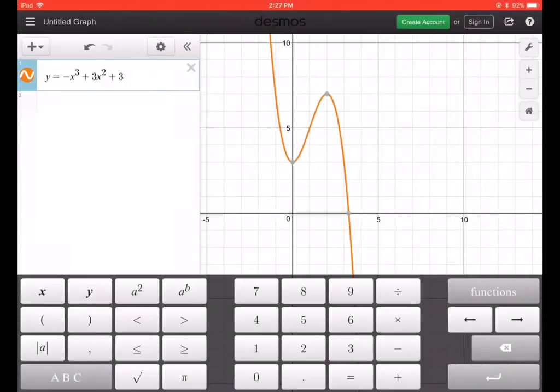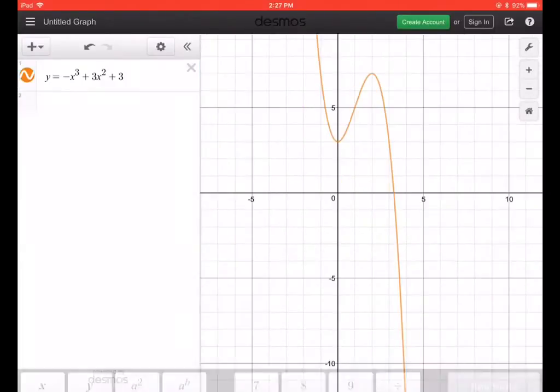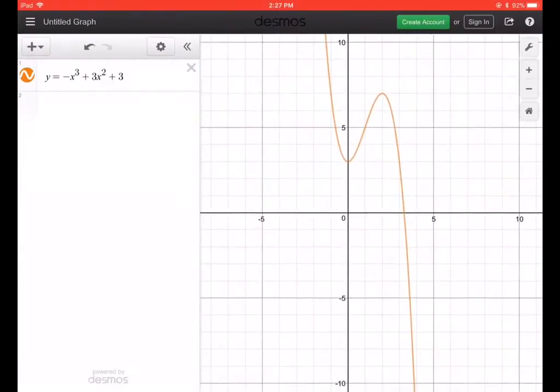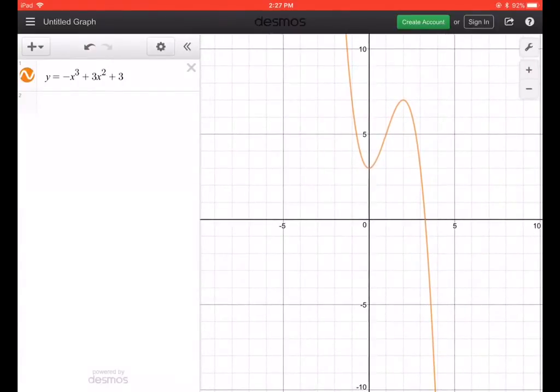So here's our graph. Lucky for us, Desmos is pretty nice and gives us kind of what it looks like. If we did graph this in our graphing calculator, our standard window should capture this, and we could use our table to try to figure this out.